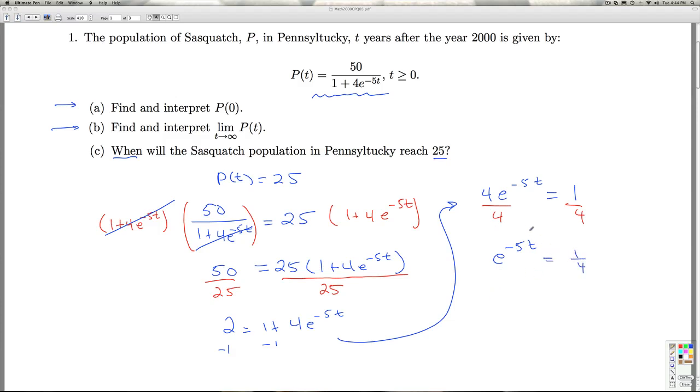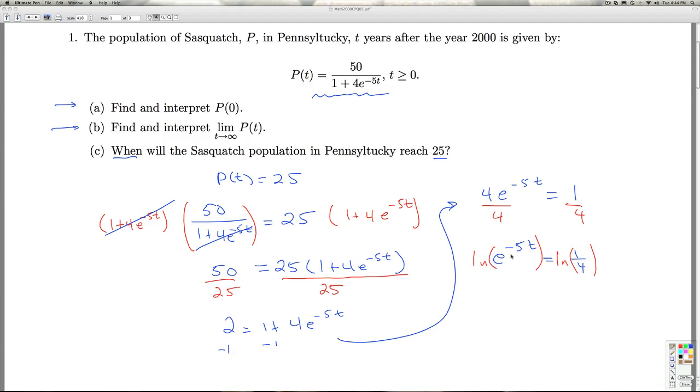And now that I have the exponential completely isolated, I can take the natural log of both sides. Now remember, the natural log of x and e to the x are inverse functions.